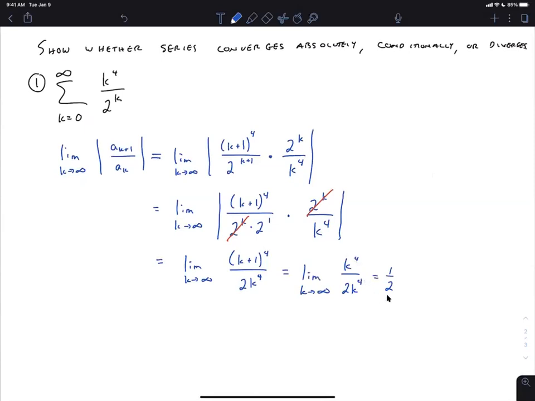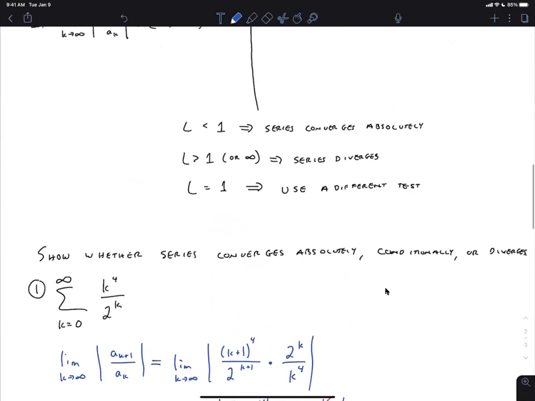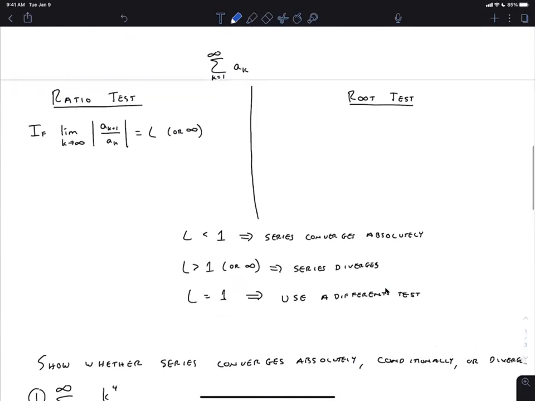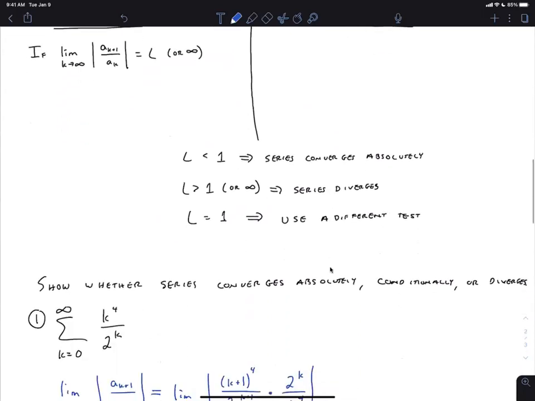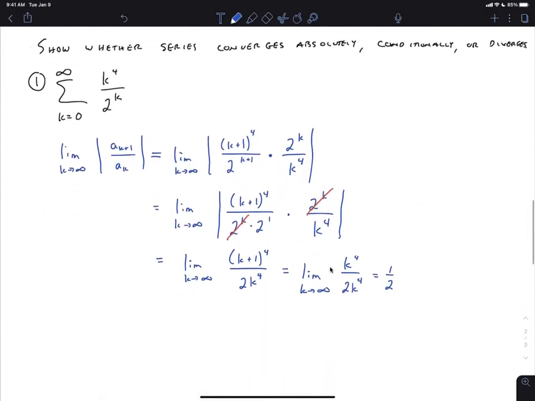That was good. Okay, and so if we go back up, what we said about the ratio test is, you get this limit L. Well, if it's less than 1, it converges absolutely. Bigger than 1, it diverges. If it is 1, you shouldn't use this. And so 1/2 is obviously less than 1. So then we say the series converges absolutely, and that's by the ratio test.